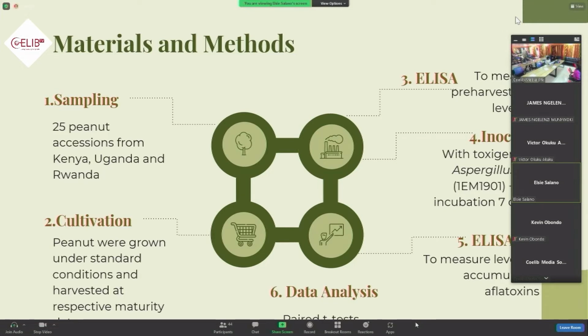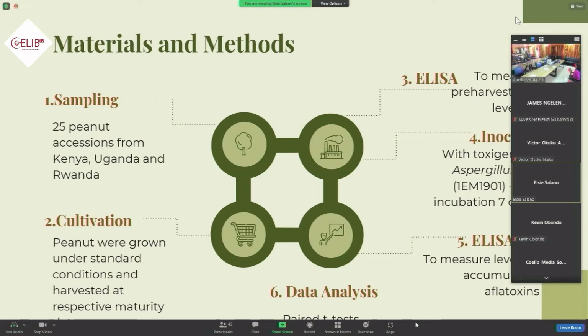ELISA was done to measure the total aflatoxin levels, that is the pre-harvest levels. At this point, inoculation was done with toxigenic Aspergillus flavus, and the samples were incubated for 7 days at 28 degrees.